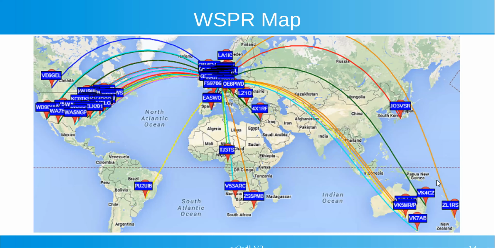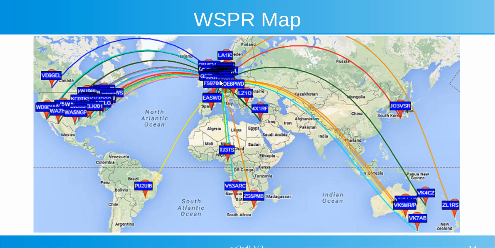This is a similar thing for WSPR, which is a similar form. It's not exactly real time, but it's used a lot by beacon stations, and they transmit in WSPR format, which is weak signal propagation reporter.